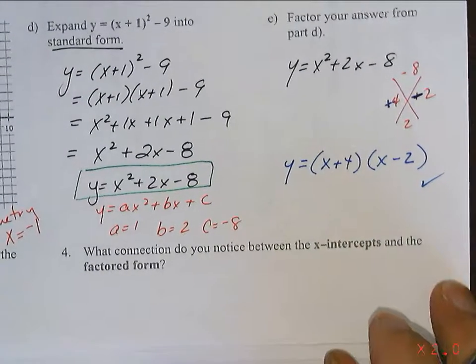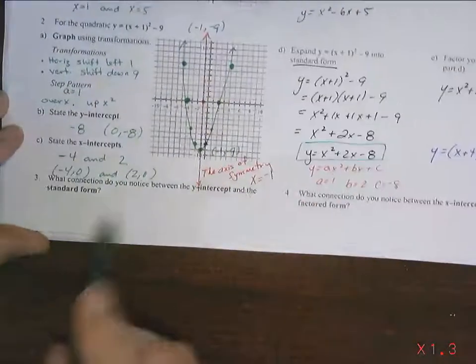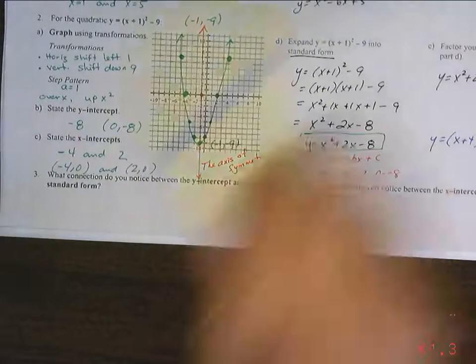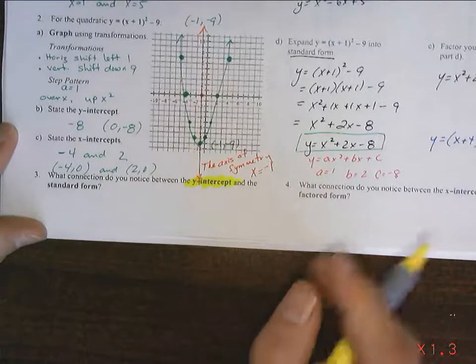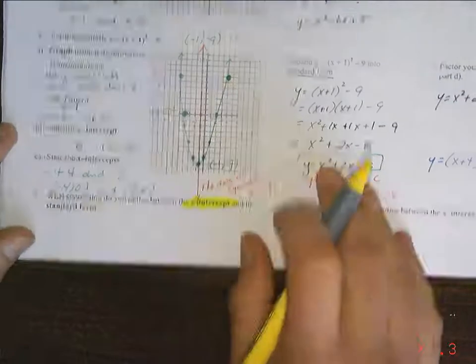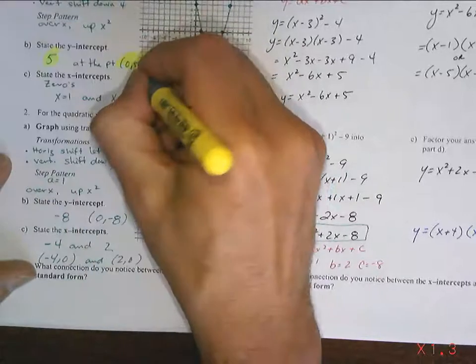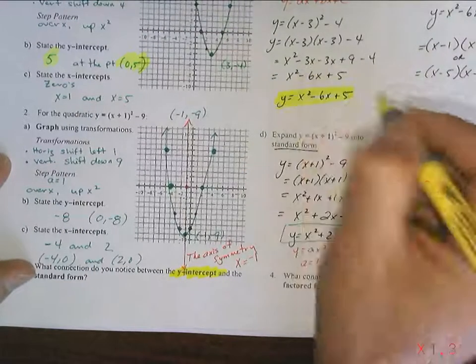So let's look at questions 3 and 4. Hopefully they're going to bring it together for us. What connection do you notice between the y-intercept and standard form? So what I'm looking for is something about this and something about this.